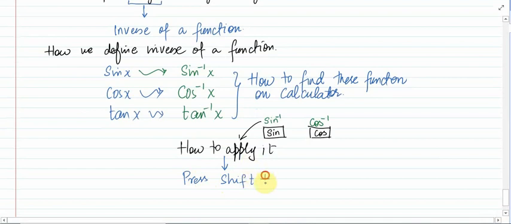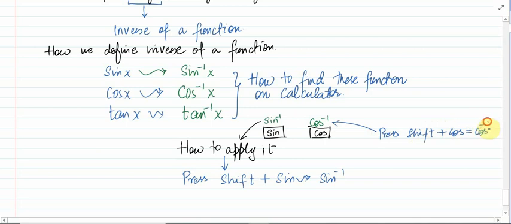Press shift plus sine results in sine inverse. For cos, you need to press shift button and then cos button, it will be cos inverse, right? So that's how we use the inverse of a function.